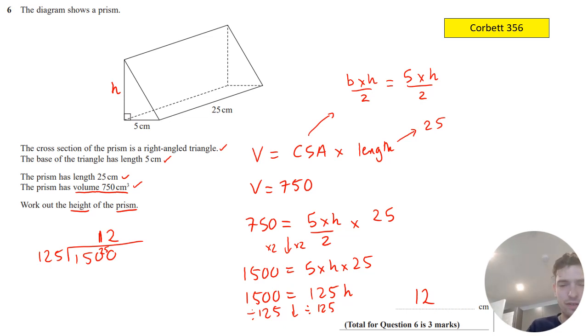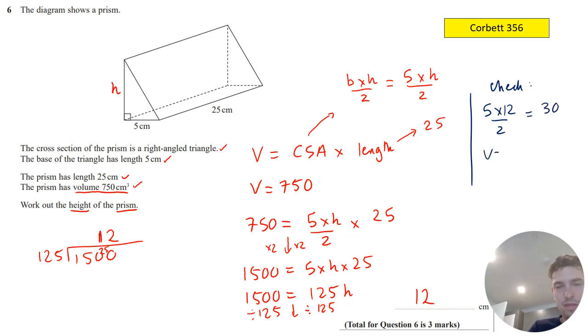Now, what could I do if I got some time at the end to go over? Well, I could check that my answer is correct. So let's do a check here. What is my volume? Well, my volume is my cross-sectional area, which is 5 times 12 divided by 2. That is equal to 30.